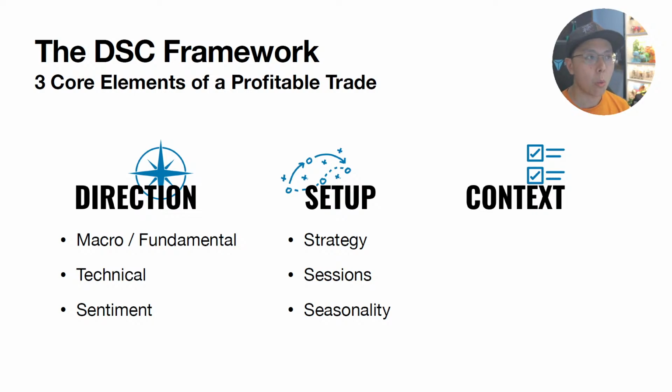Where is this trade taking place? Is it at a significant high? Is it at a significant low? Is it during the Asian market where things are not moving? Basically, you need more layers to your trade to give you high odds, and I call this confluences. Are there different perspectives that align with the trade that you want to take?